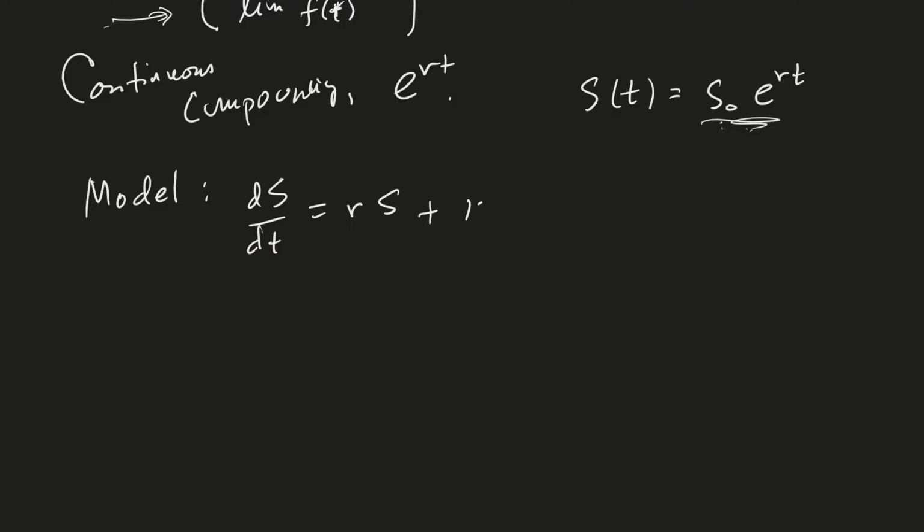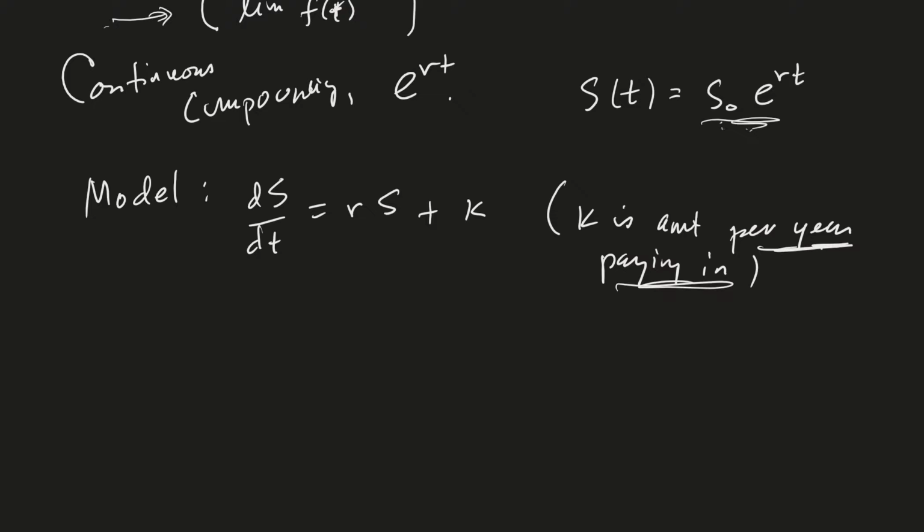And then I'm going to say plus k if this is a savings account, and so k is the amount per year that we're paying in. So you have to keep your time units the same. Good. And so if this is a savings account, this would be a plus sign.